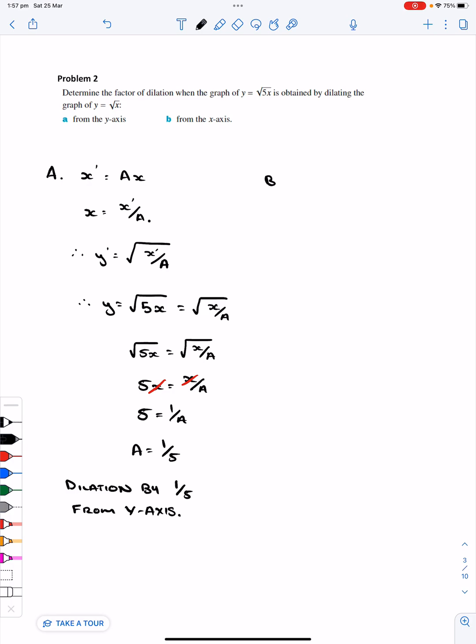If I look at B, okay, so looking at B, it says from the x-axis, that means that it's going to be a vertical dilation, and I can use y image equals Ay, okay, y then equals y image on A, and this becomes, if I substitute this in, y image on A is going to equal square root of 5x image. Sorry, that shouldn't be 5x. Let me correct that.